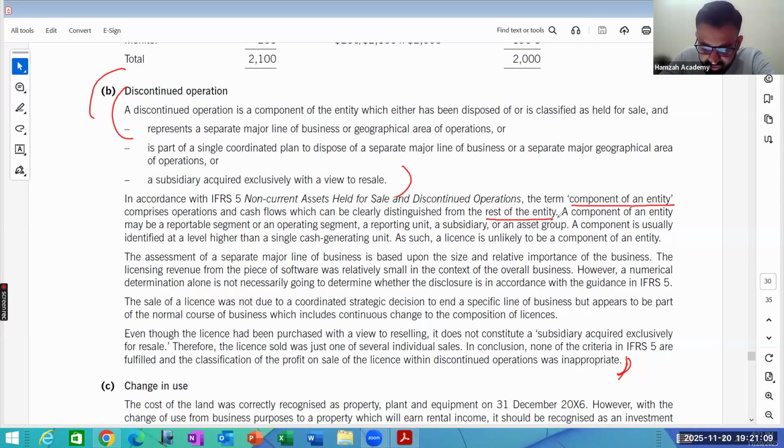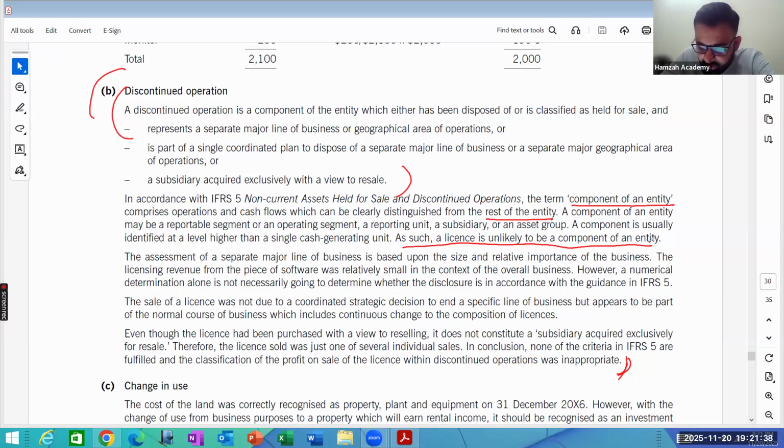A component is usually identified at a level higher than a single cash generating unit. As such, a license is unlikely to be a component of the entity. A license is just a single asset. It's not a reportable segment, it's not an operating segment, it can't be a company, it can't be a subsidiary. So it is unlikely that it can be a component.